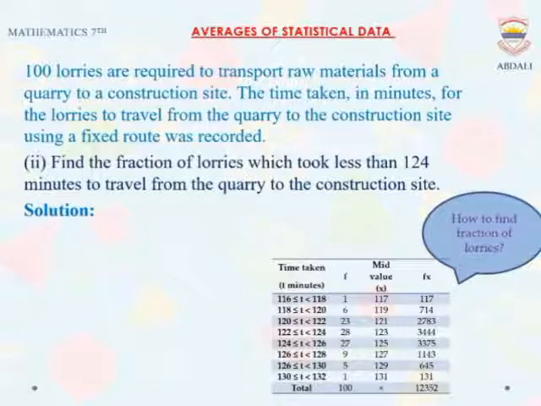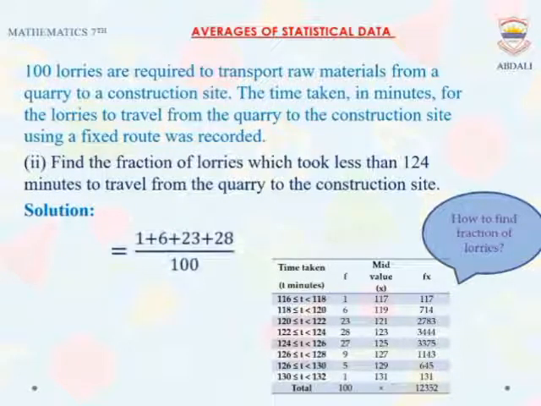So we will add all the frequencies of these first 4 and divide it by the total frequencies. We will add the frequencies 1, 6, 23 and 28 and divide by the total lorries, which are 100. So the answer will come as 58 in the numerator and 100 will remain as it is.